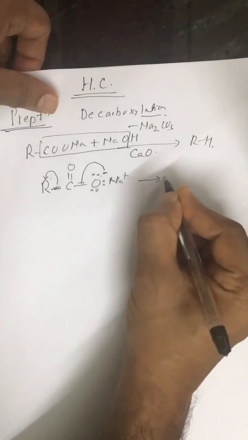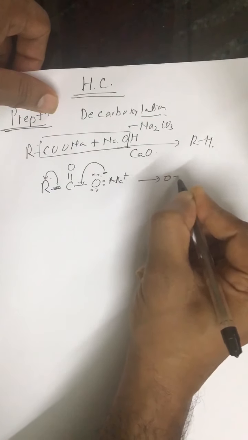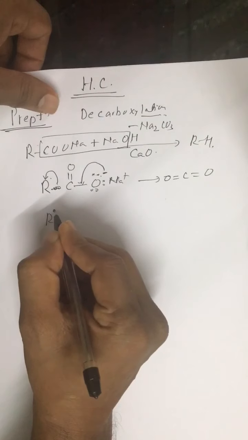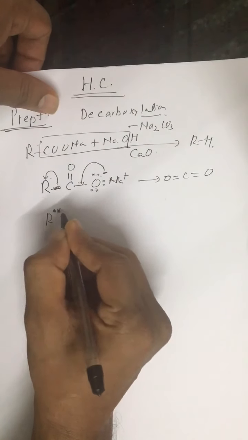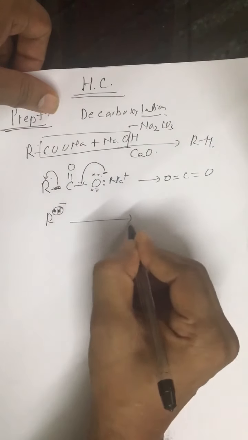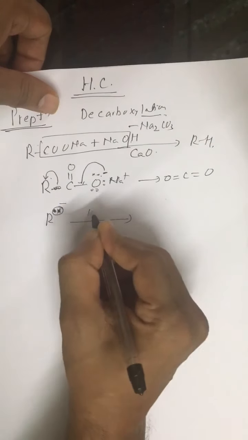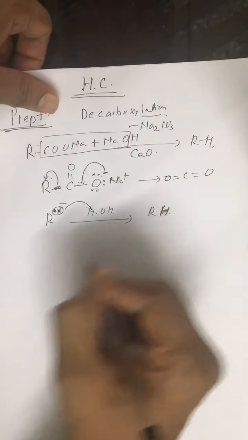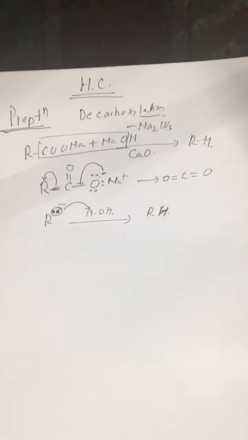This is the removal of CO2. CO2 is removed and we get R negative, which on reaction with the H positive of water gives the alkane RH. This is how decarboxylation takes place.